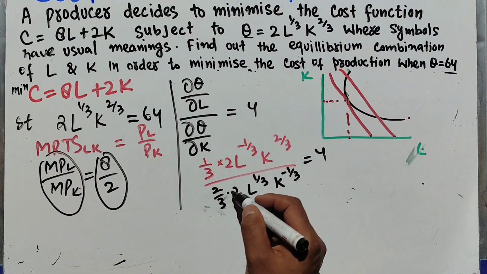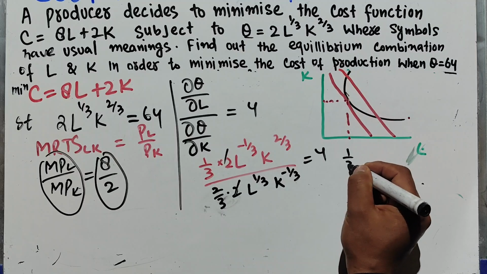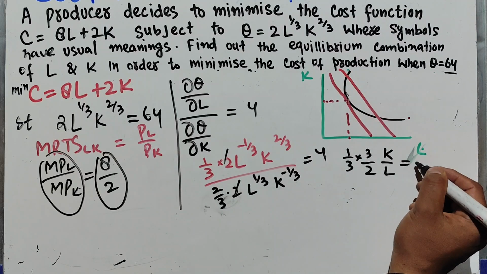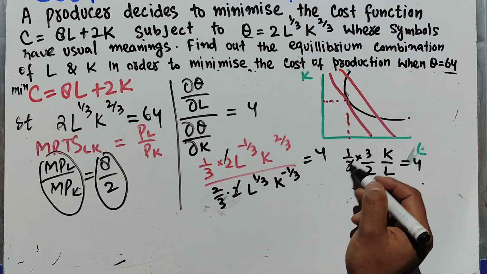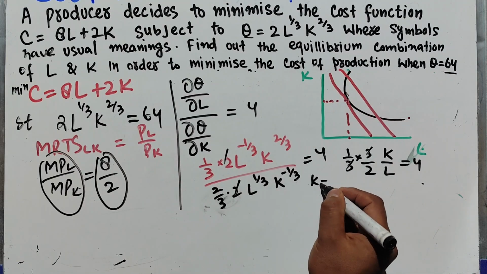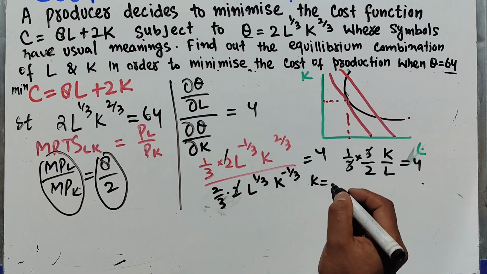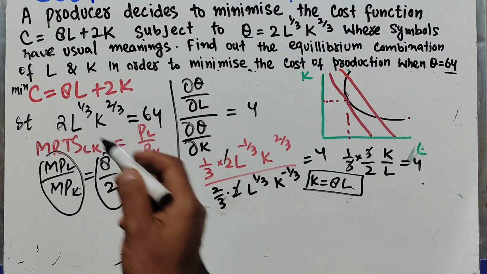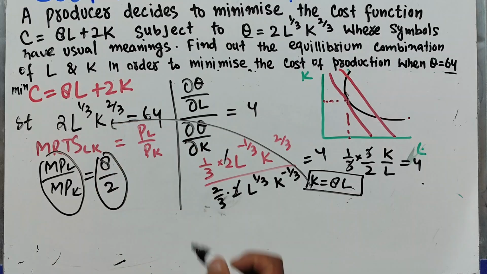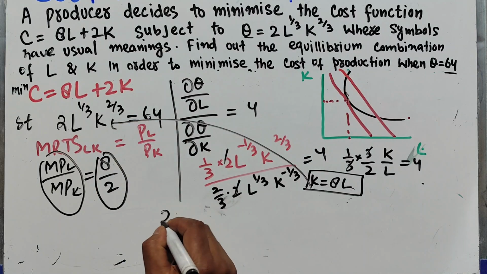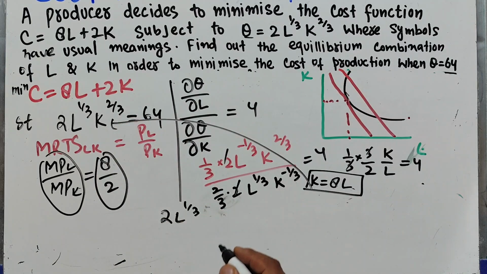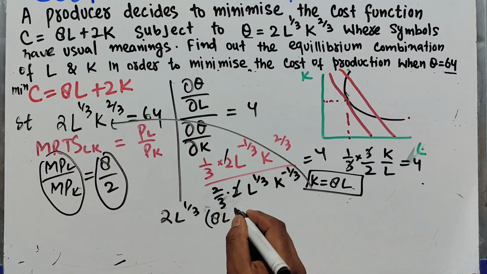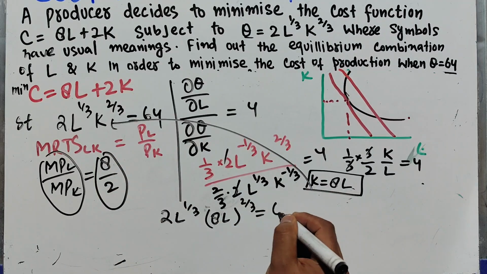Solving further, we get 1 upon 3 into 3 upon 2 times K upon L should be equal to 4. 3 gets cancelled, so K will be equal to 4 twos are 8L. Now we need to plug the value of K = 8L into the production constraint, which gives us 2L^(1/3) times (8L)^(2/3) should be equal to 64.